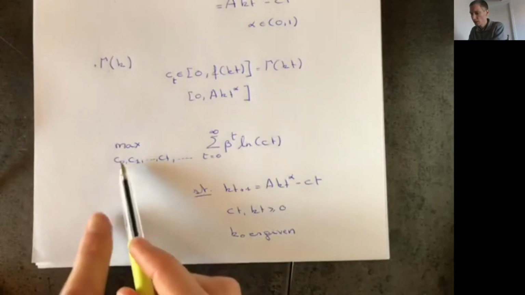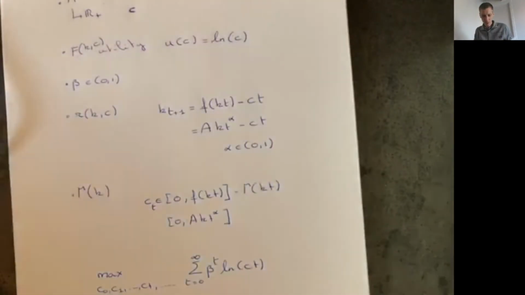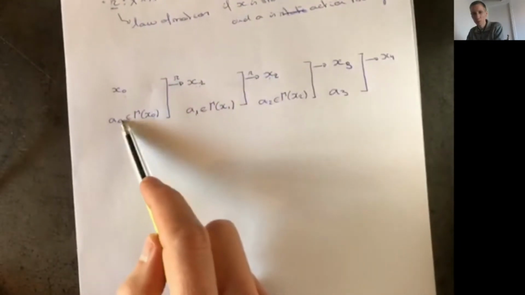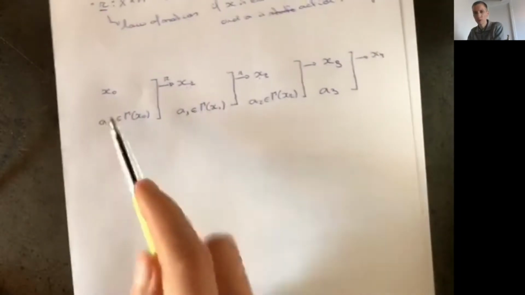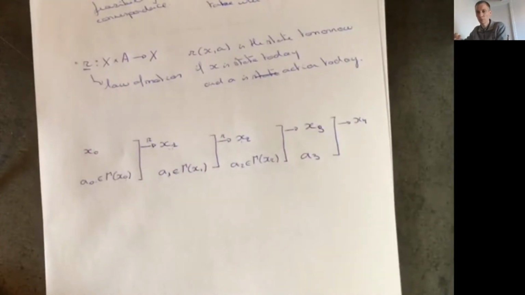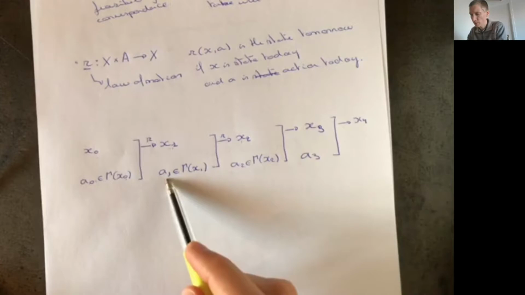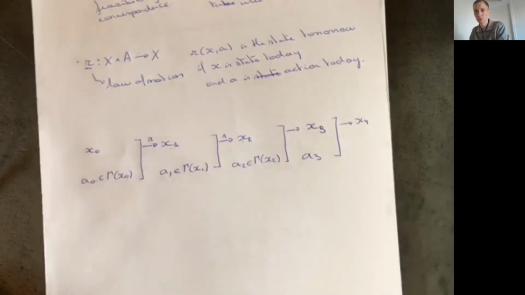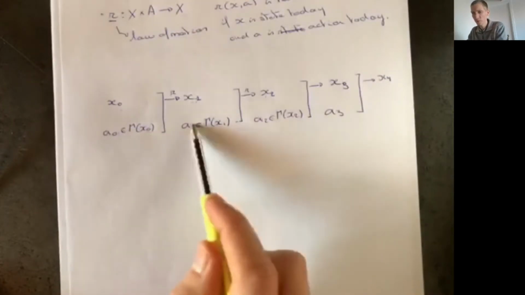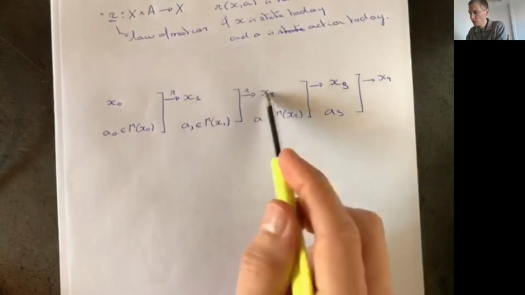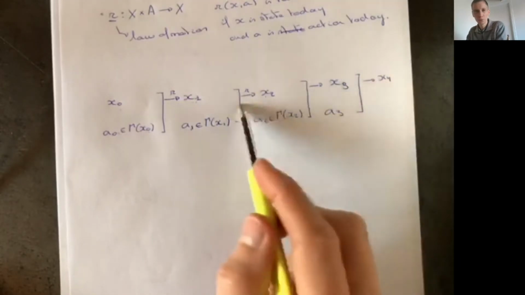Okay, so as we have seen here, what do we have? We have an initial state. I'm going to choose A0 in order to maximize this entire optimization problem. I'm going to get x1, then I'm going to choose A1 in order to solve this problem. So all these variables are going to be chosen in order to optimize my problem, and all these states are obtained from the previous period.